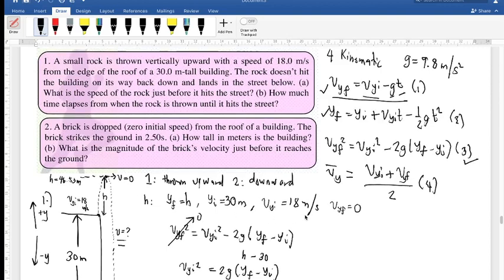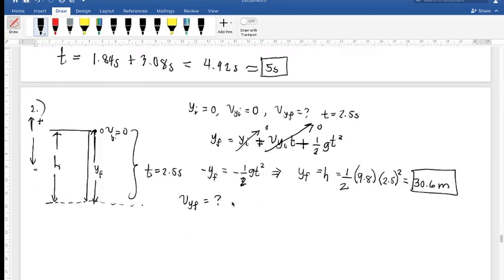So can we use this one? So we have vyf equation 1 is equal to vyi minus gt, and your vyi is actually 0 at rest yung brick mo. Tapos therefore yung vyf mo is just equal to negative 9.8 multiply with 2.5 seconds.